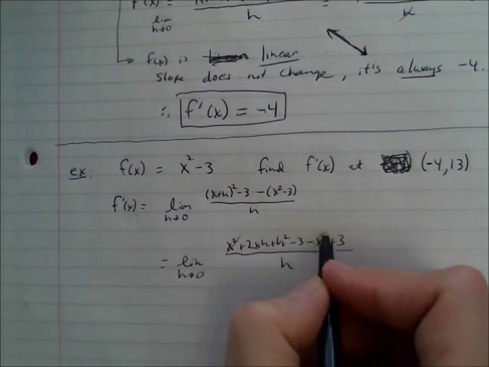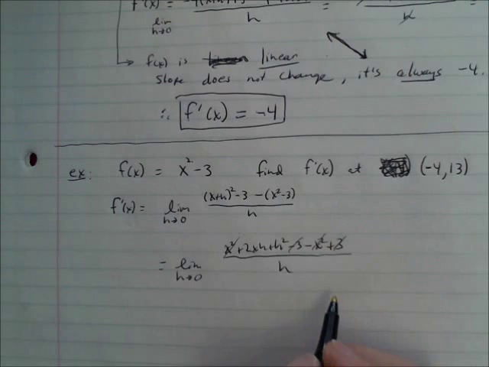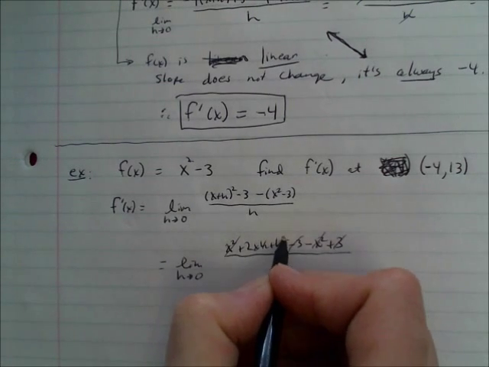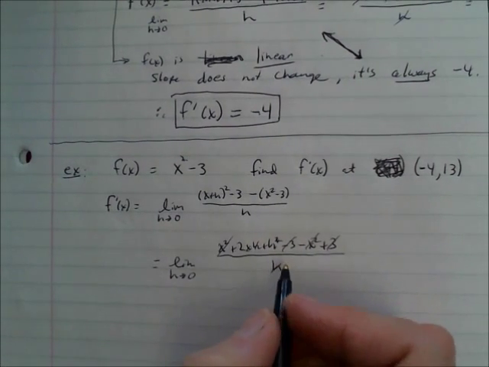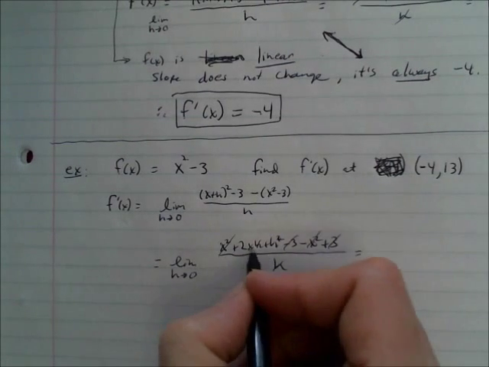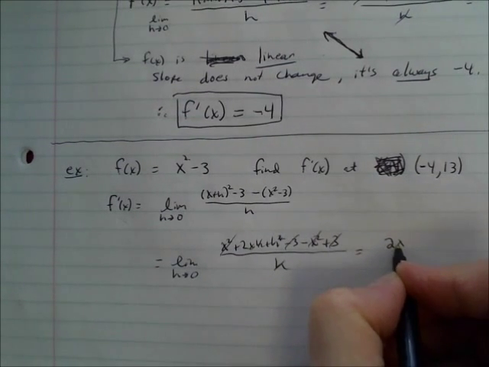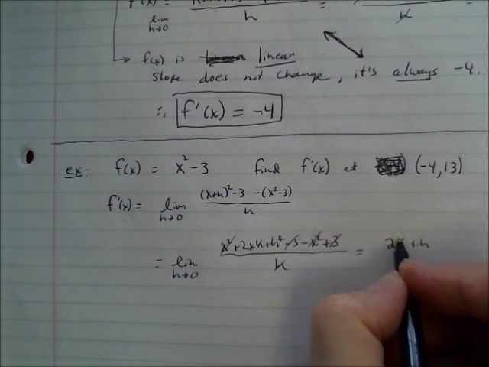The x squareds are going to cancel. The 3's are going to cancel. One of these h's will cancel with that, and that is equal to 2x plus h.